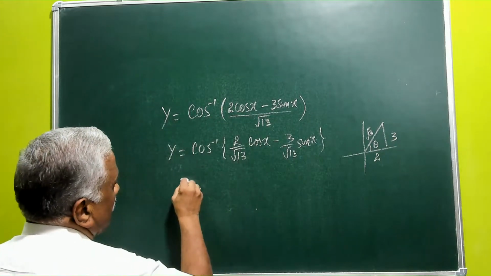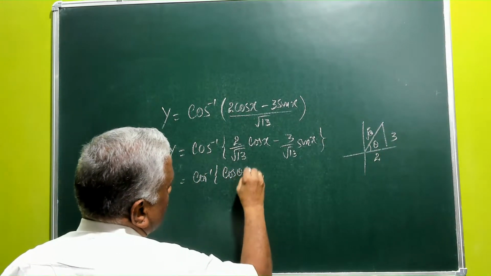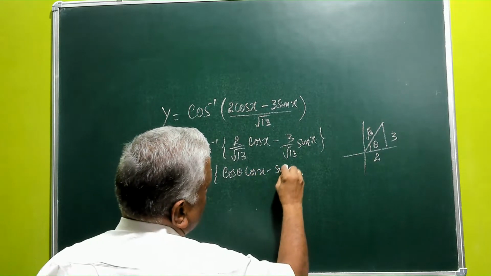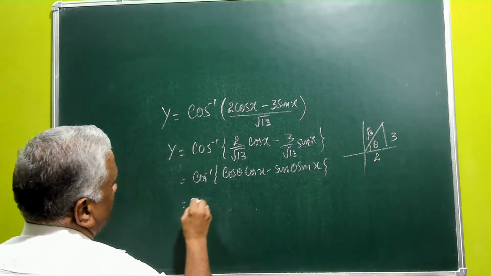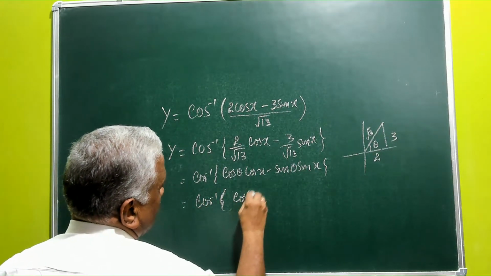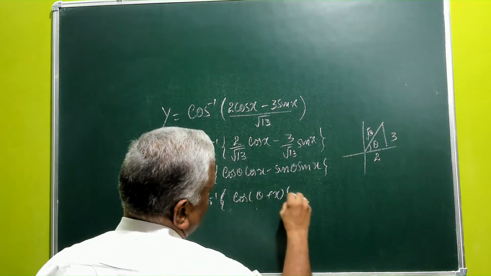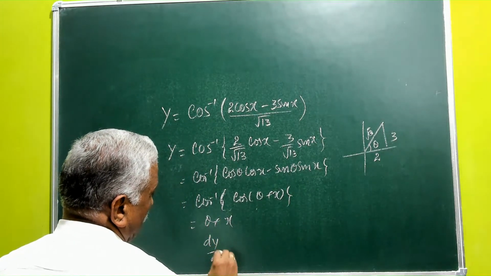So let us take this angle as theta. The problem is going to be cos inverse of cos theta cos x minus sin theta sin x. It is nothing but cos inverse of cos of theta plus x. That is nothing but theta plus x. So dy by dx is going to be 1.